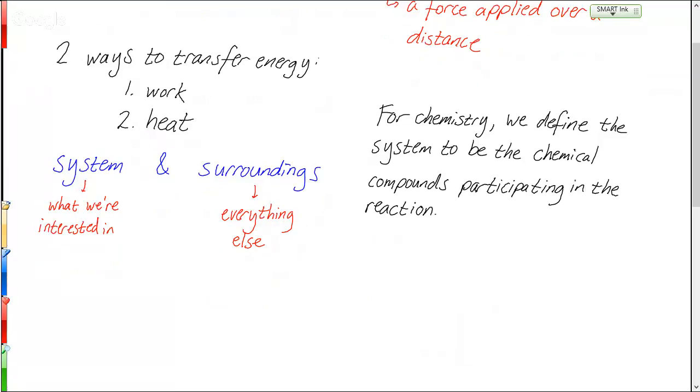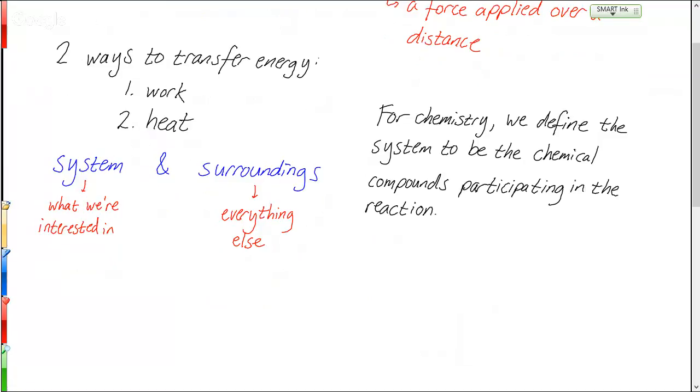So then what's the surroundings? Everything else. The reason we're going through this slowly is that surroundings are just everything else, but it's also everything else that's right in contact with those chemicals.